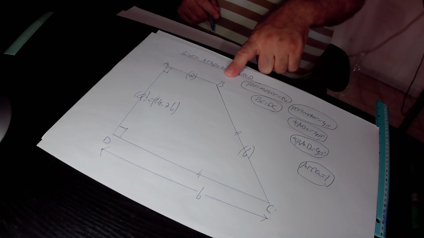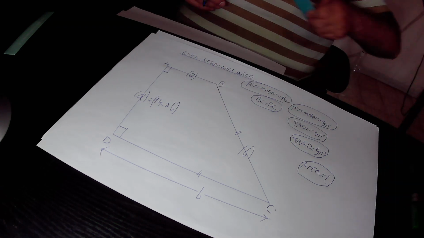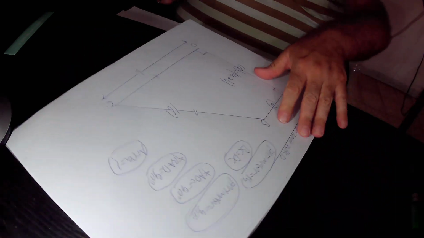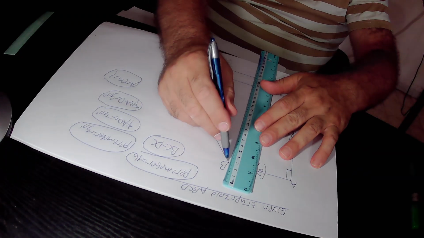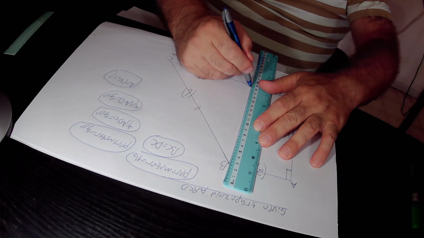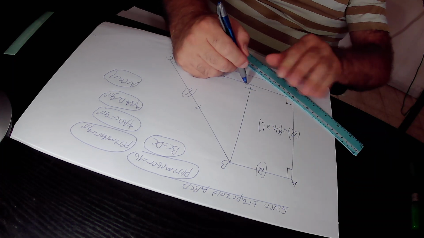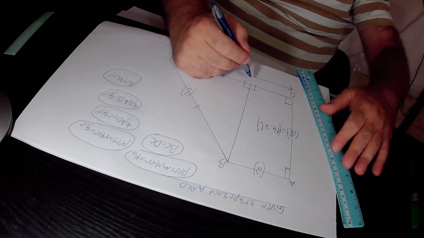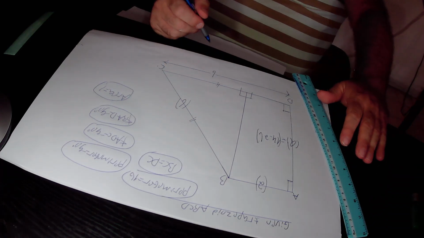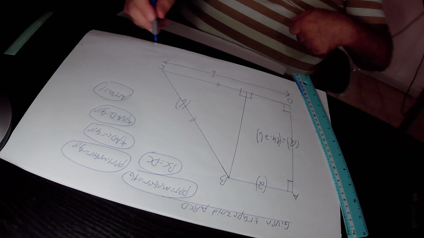From this vertex B, we will draw a perpendicular onto DC. So actually, this angle equals 90 degrees, and this angle also equals 90 degrees according to our construction. We define the touching point of the perpendicular from point B and DC. This point is point M.